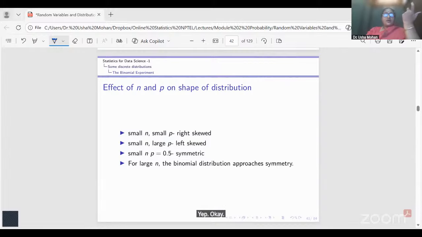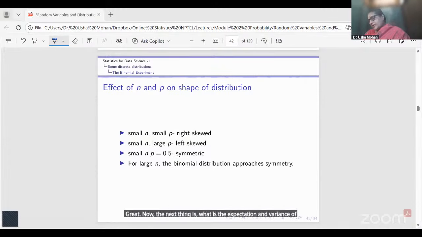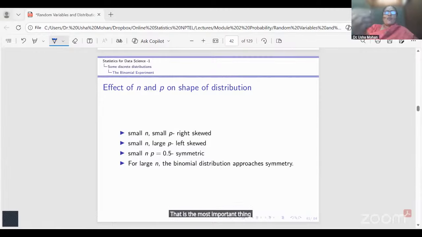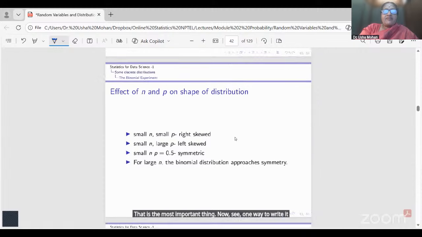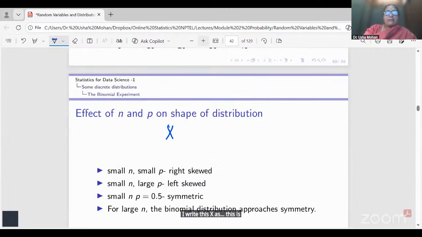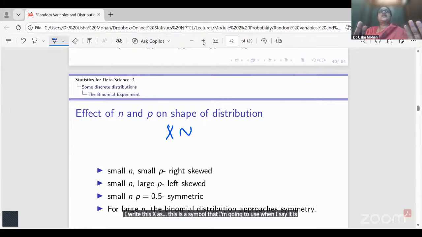Okay. Right. Now, the next thing is, what is the expectation and variance of a binomial random variable? That is the most important thing. Now, see, one way to write it is, I have x, which is my random variable. I write x with a symbol that means it is distributed as. It is not n.